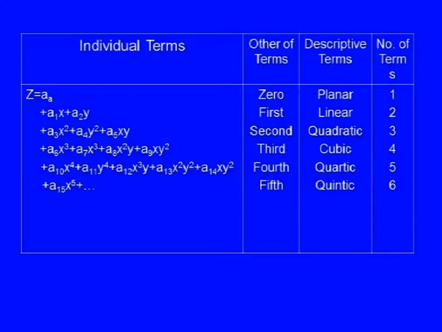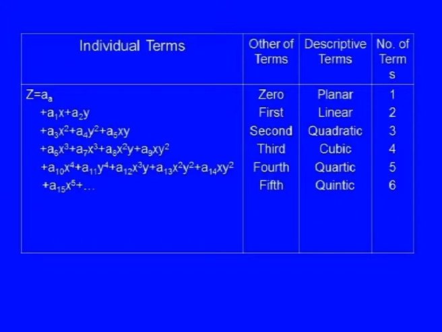Similarly, the second order would have the next values added to the polynomial, which are a3 x square plus a4 y square plus a5 x y, and this would be quadratic in nature. If we keep on increasing the order of the polynomial, that is, we make it a third order polynomial, it would be representing a cubic relationship and so on.